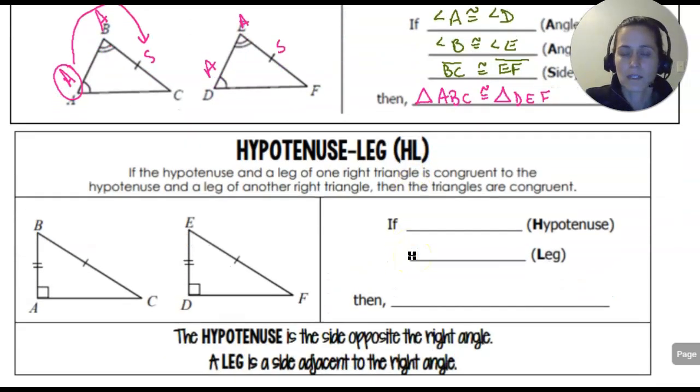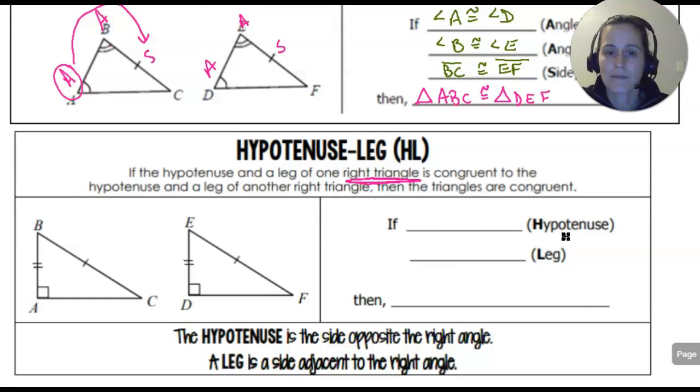The last shortcut we're going to take a look at to prove triangles congruent is called HL, which stands for hypotenuse leg. There are 3 criteria for this. The first criteria is that you have to have a right triangle. So HL only exists if you have a right triangle.